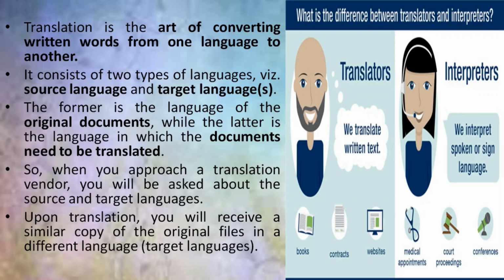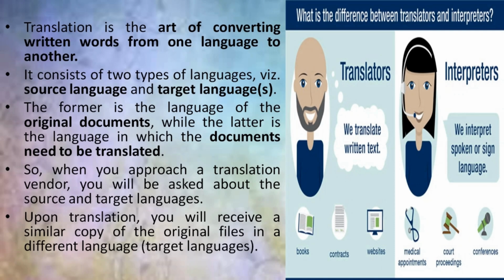Generally, it consists of two types of languages, that is, the source language and the target language. The written matter which is already available in a particular language is known as the source language, and the written matter which needs to be translated into another language is known as the target language.